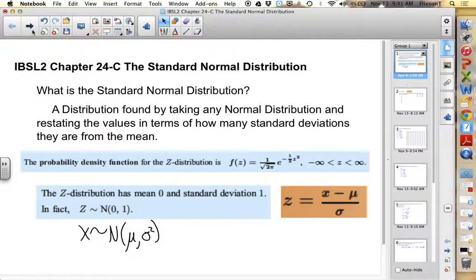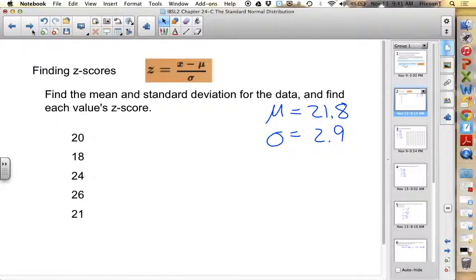So that formula is up here again. Let's say I've got this data here. Okay? The mean of this is 21.8. The standard deviation is 2.9. Okay? So if I were finding a z value for 20, what would I do? Okay? 20 minus 21.8 divided by 2.9.